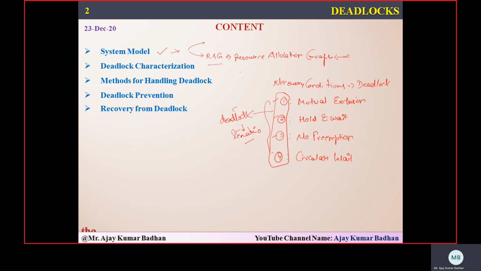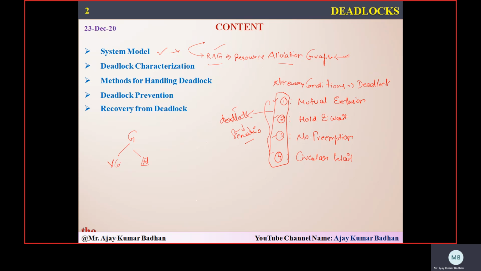And apart from that, we also said how we can represent the allocation of resources to a particular process and how these processes can request, using a graph technique. We call it a resource allocation graph. We know that a graph generally consists of a set of vertices and edges.